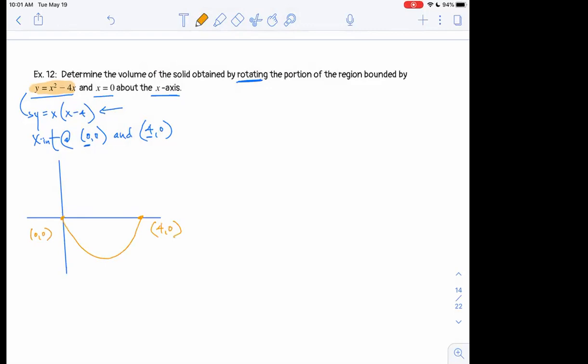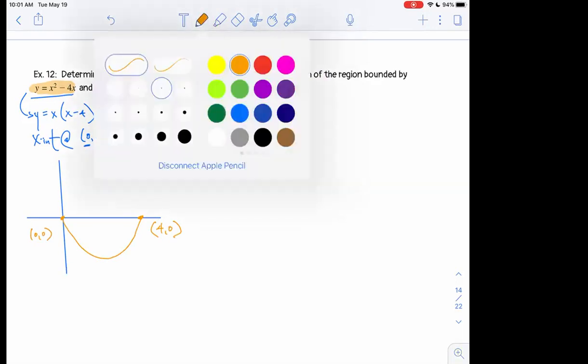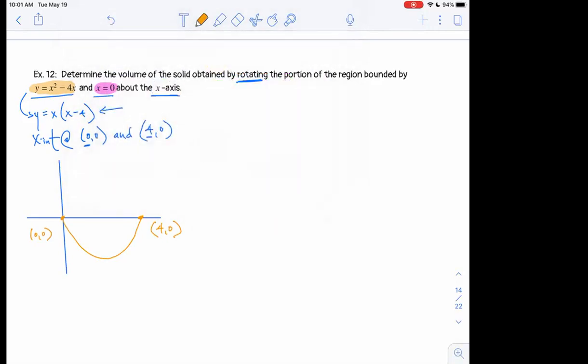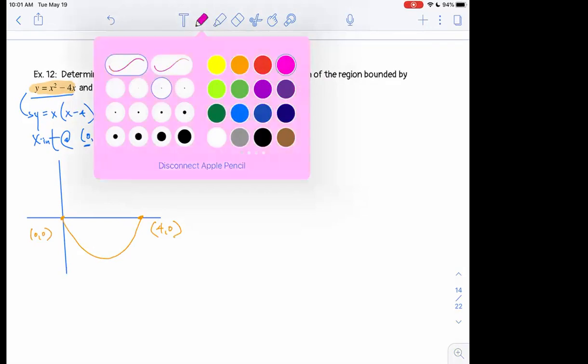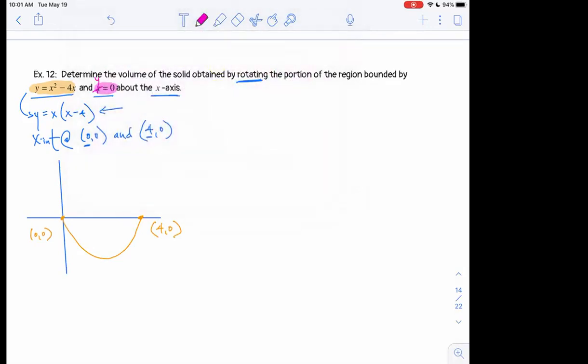Now the other bound for this shape, because we need to seal the shape off, is x equals 0. I think I meant to say y equals 0, sorry. Y equals 0 is going to be the x-axis, and that will give you that right there.